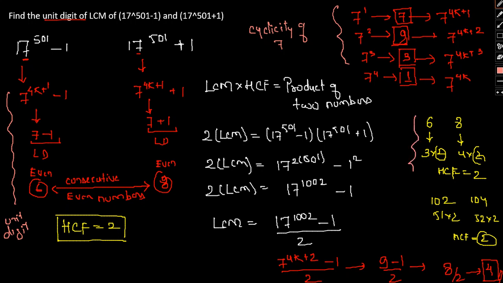Here basically the HCF concept, and this entire thing, HCF of consecutive even numbers. And this is the general formula. So a lot of concepts to keep in mind and subsequently solve this question.